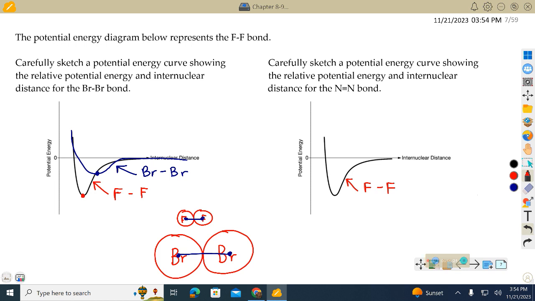So again, even though these atoms are pretty similar in radius, and maybe the straight up radius of a fluorine atom is a touch smaller, because of that triple bond, we're going to have a smaller internuclear distance.